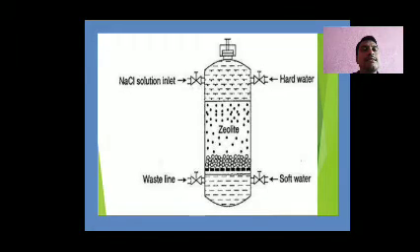Diagram. In a container, zeolite, sodium aluminium orthosilicate, Na2Al2Si2O8, is arranged. At the top of the container, hard water and brine solution are passed in, then purification of water occurs and the water settles at the bottom of the container.